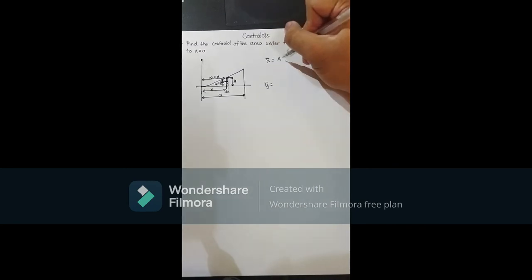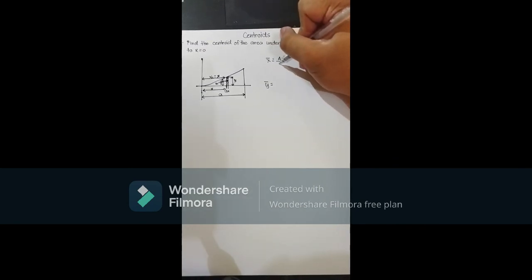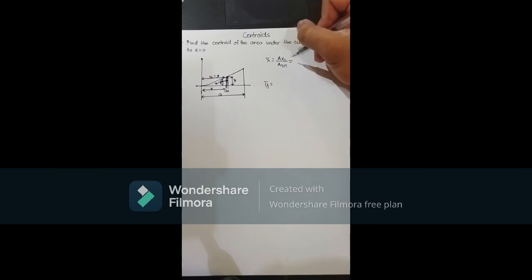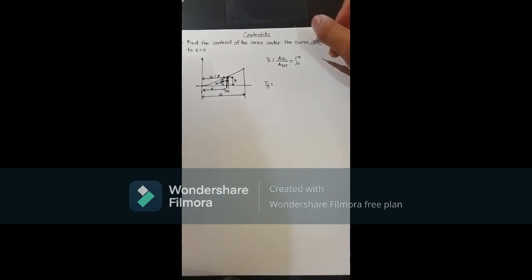So A times x sub c over A total equals, the limits are from 0 to a, the integral of xy dx, so y is equal to b over a squared x squared dx.